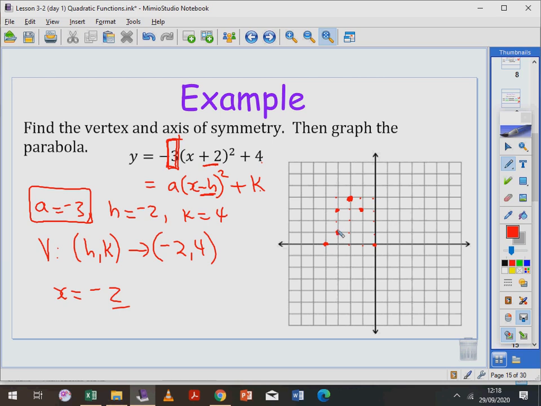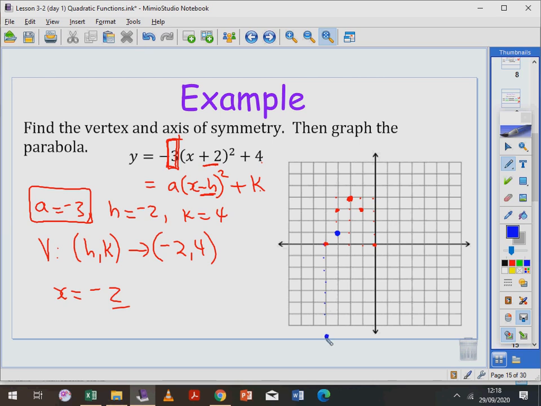Let me draw it in a different color. Instead of it being here, it's going to be here, because it is multiplied by 3. 1 times 3 is 3, so you get 3 units. And this point was 4, but it's multiplied by 3, which is now 12. So 5, 6, 7, 8, 9, 10, 11, 12, somewhere off the screen.